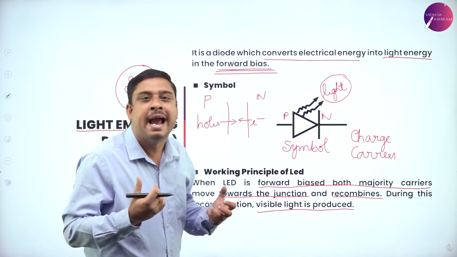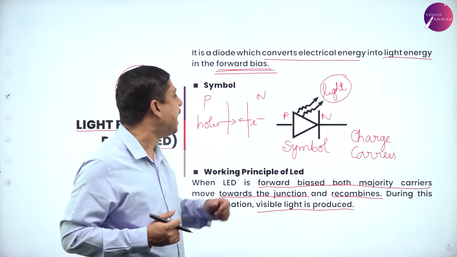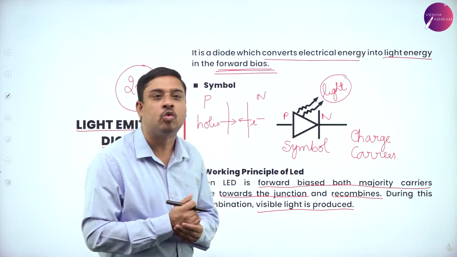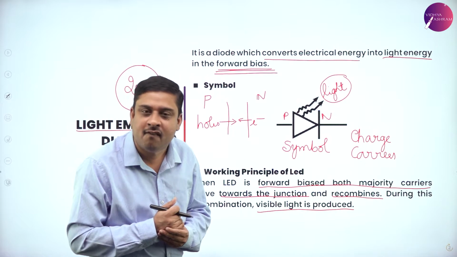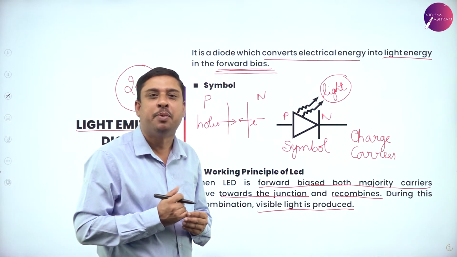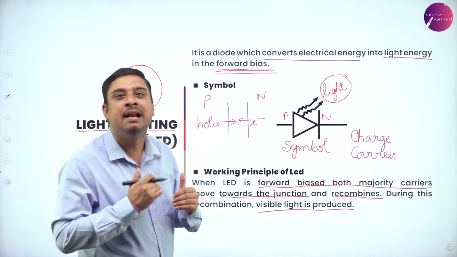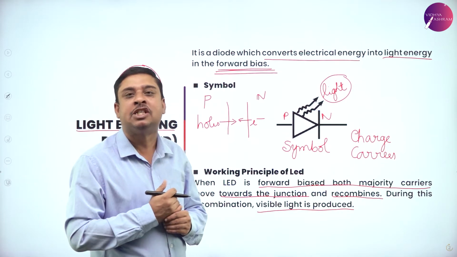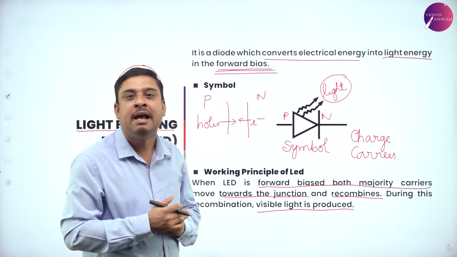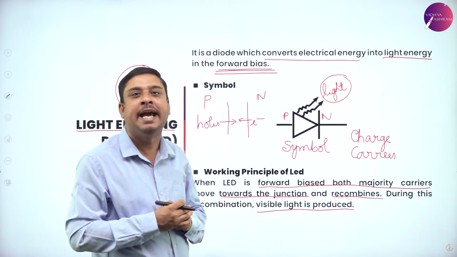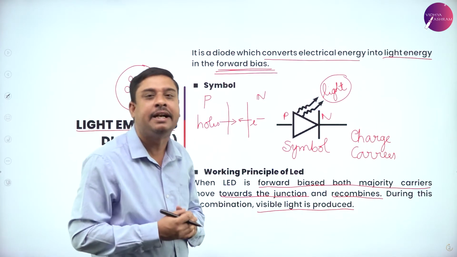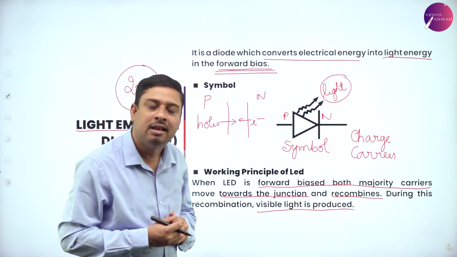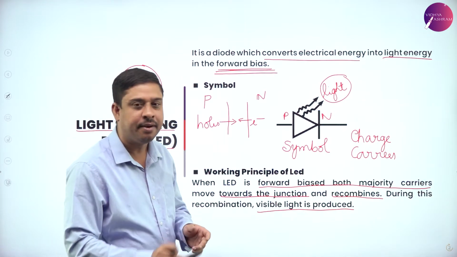And that electrical energy is given out as visible light. So beautifully, when LED is forward biased, electrical energy is converted as light energy.